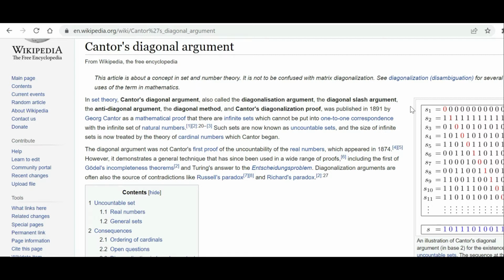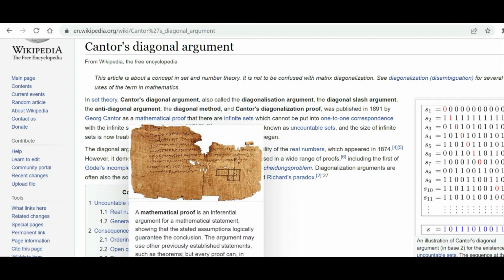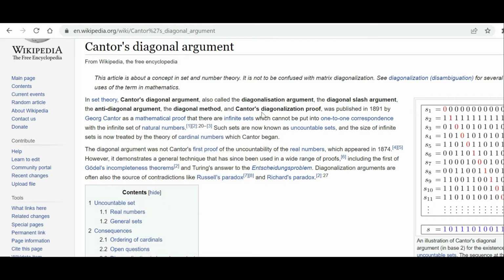Right. So, in terms of Cantor's argument, it says here, in set theory, Cantor's diagonal argument, also called the diagonalization argument, the diagonal slash argument, the anti-diagonal argument, the diagonal method, and Cantor's diagonalization proof, was published in 1891 by Georg Cantor as a mathematical proof that there are infinite sets which cannot be put into one-to-one correspondence with the infinite set of natural numbers.